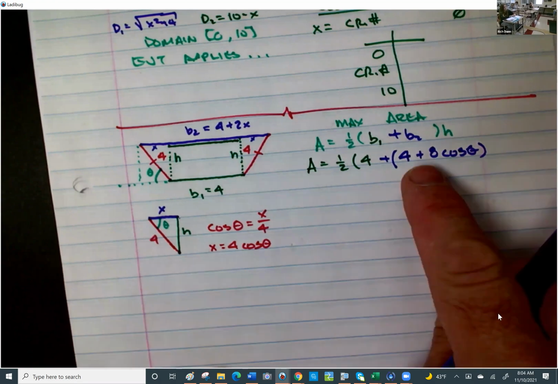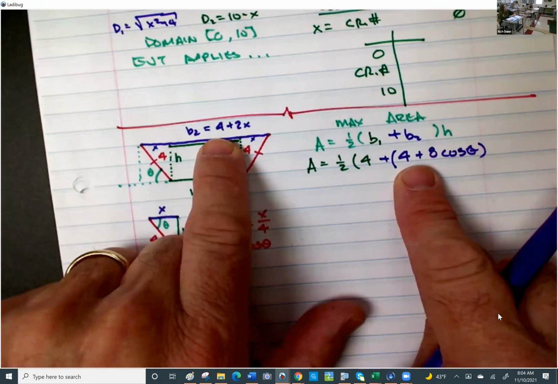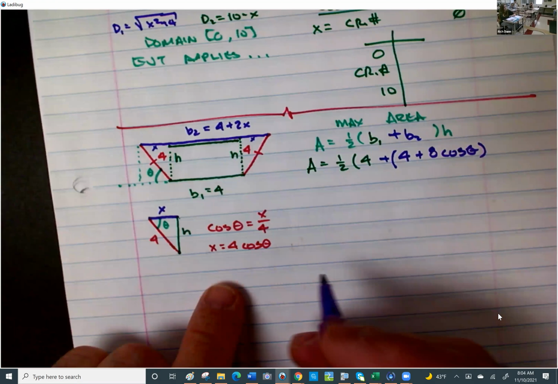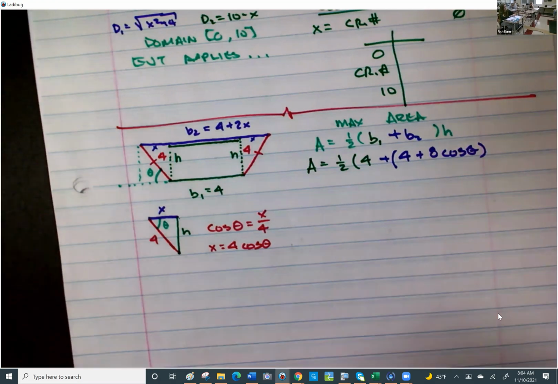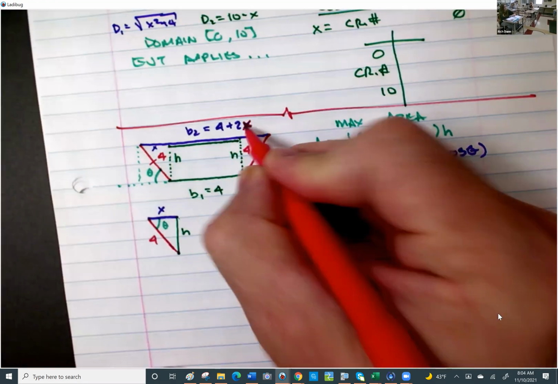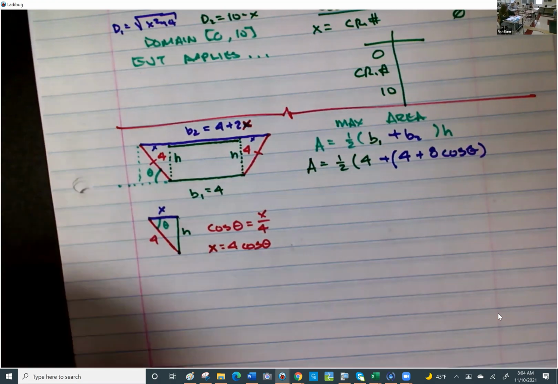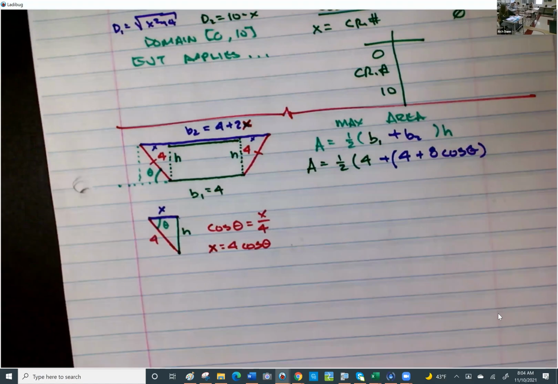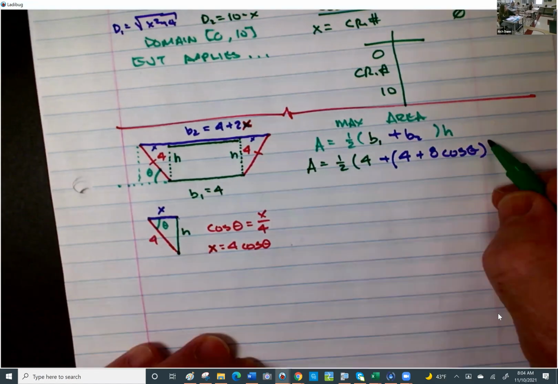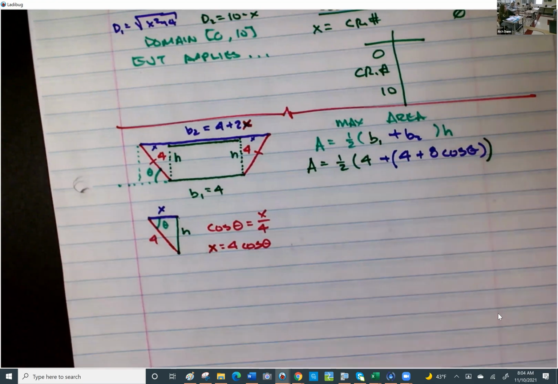Okay. I'm using this formula, and then I've substituted this in for the x. Okay. That takes care of the B2 in there, but now I still have the H. What could I write to get rid of my H and have a theta in there?